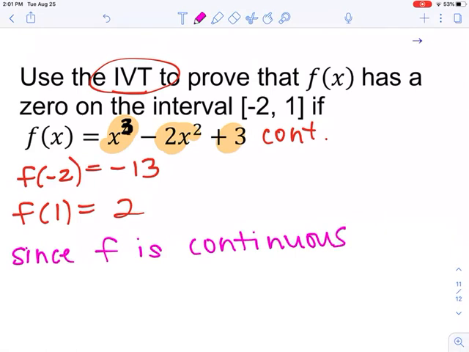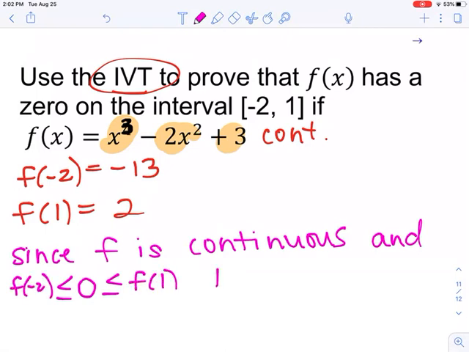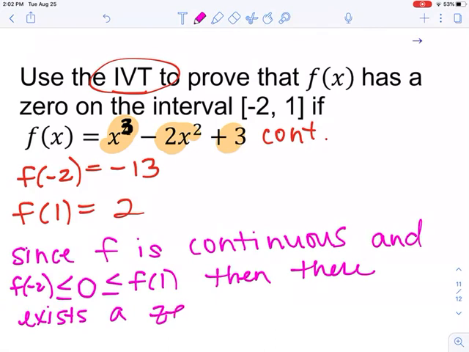So, since f is continuous, and 0 is in between -13 and 2, then there exists a 0 on the interval -2 to 1.